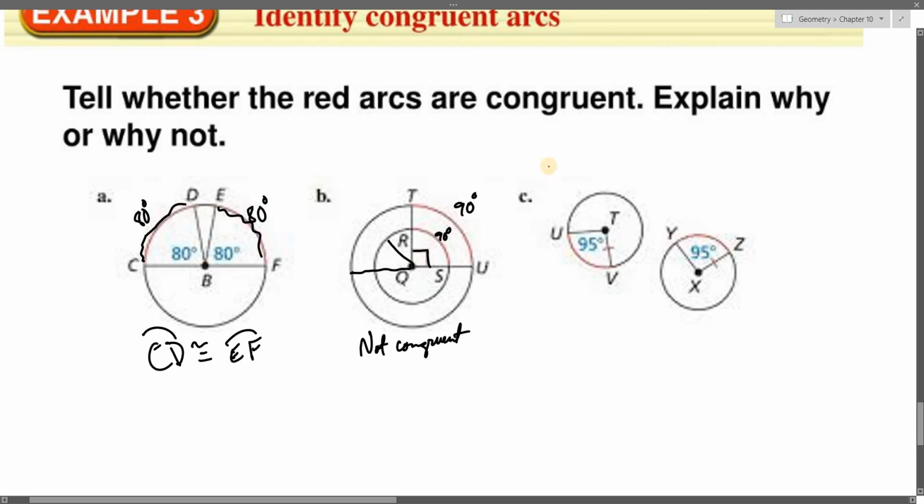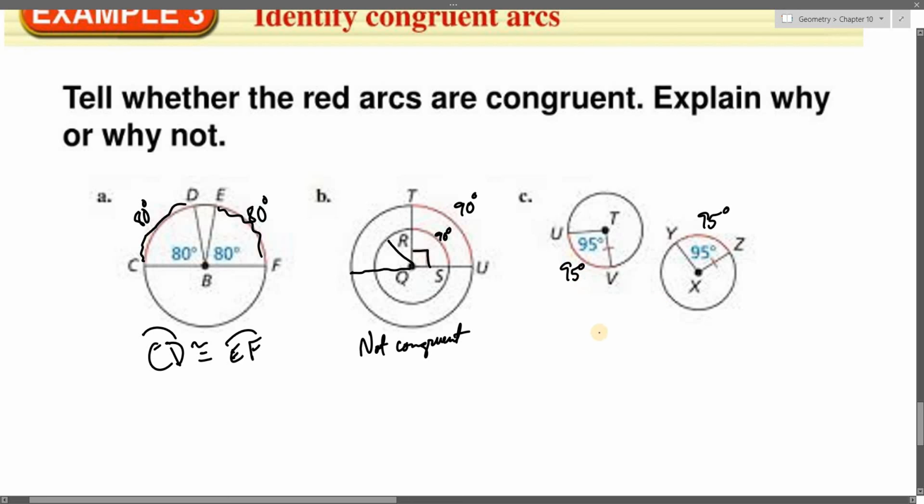So look at each one. You'll notice that these particular ones are 95 degrees. 95 degrees. And then once we look at this particular one, you'll notice this little hash mark. That says what? Okay. And also, what is this TV line called? You should be saying radius. Well, since it's a radius, that means they're equal.